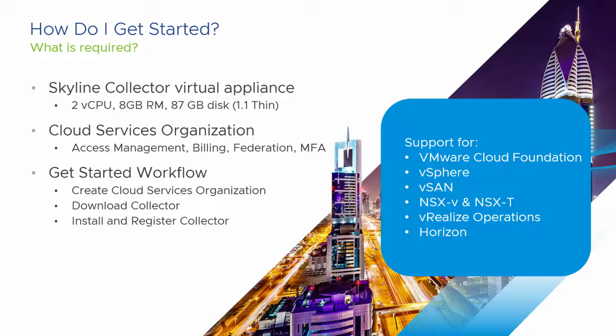You can think of the cloud services organization as a container that sits inside VMware Cloud Services, and you can then consume additional services, for example vRealize Operations Cloud and VMware Cloud on AWS. All of these services would be inside a single organization, and then you can divvy up access to those services.